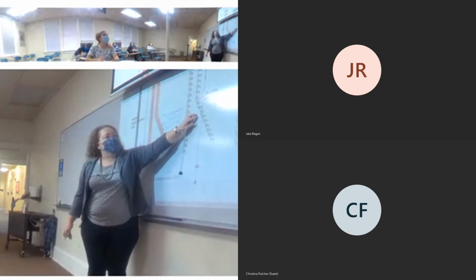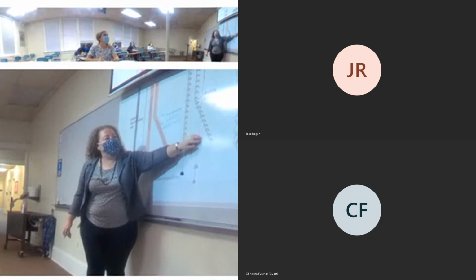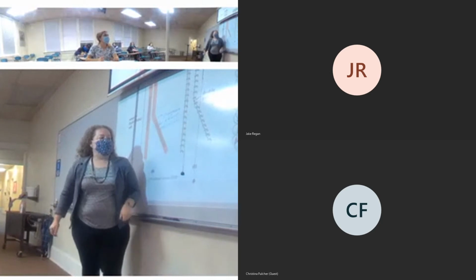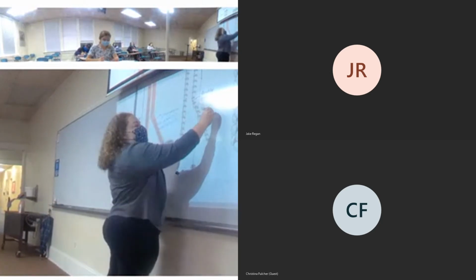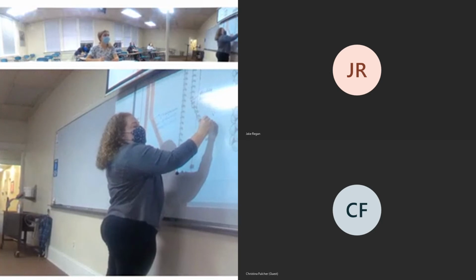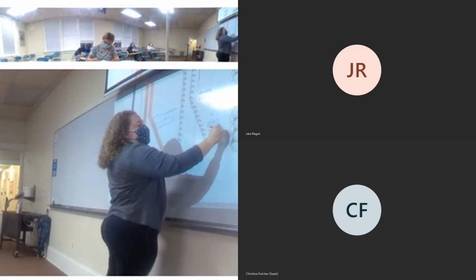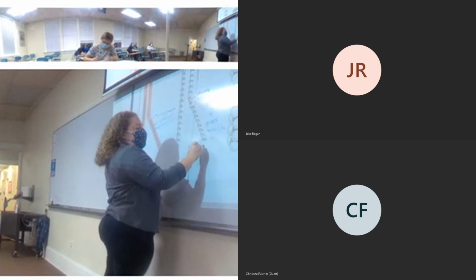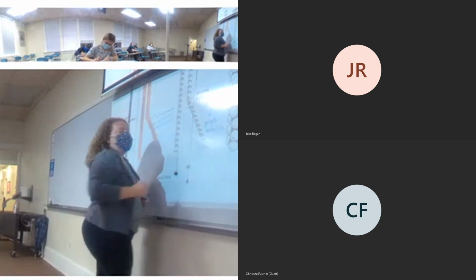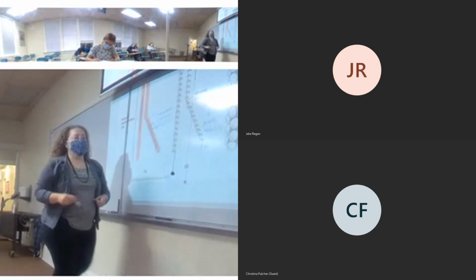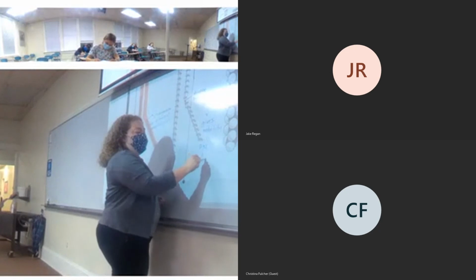Every time a phospholipid has a kink in one or both tails, that's going to give extra mobility to the plasma membrane lipid.